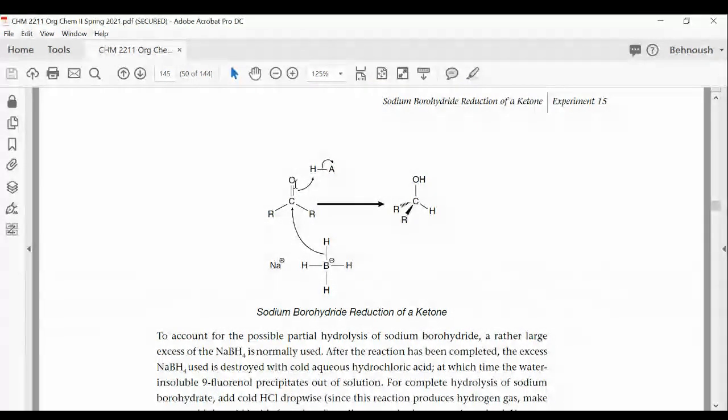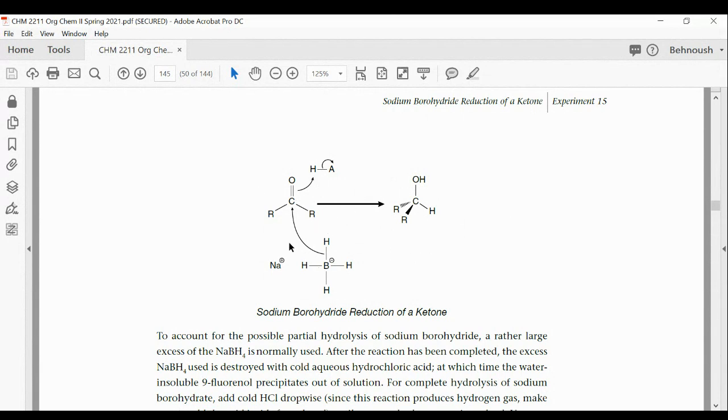You get an alkoxide. You protonate the alkoxide and it changes to an alcohol functional group. The hydride ion is an H with a minus charge, or hydrogen with 2 electrons. Because of the negative charge, it acts as a strong nucleophile and it can attack the carbonyl group.